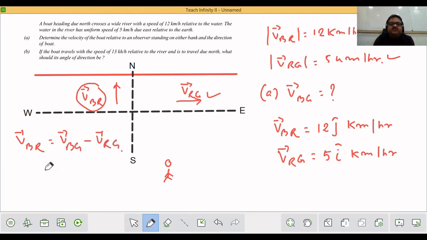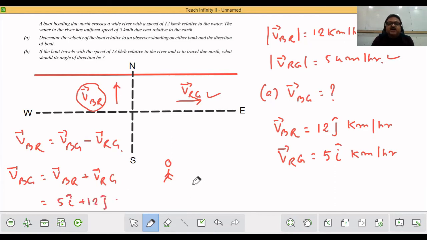So we need to find out velocity of the boat relative to the ground. Velocity of the boat relative to the ground is velocity of the boat relative to the river plus velocity of the river with respect to the ground. If you do the calculation, what is the value? Velocity of the boat with respect to the river is 12 j cap and it is 5 I cap. So it is 5 I cap plus 12 j cap.